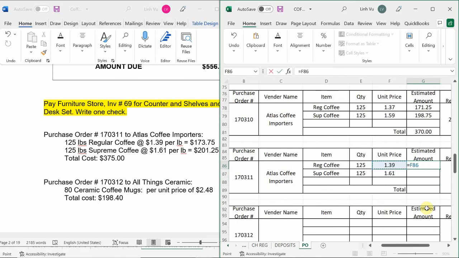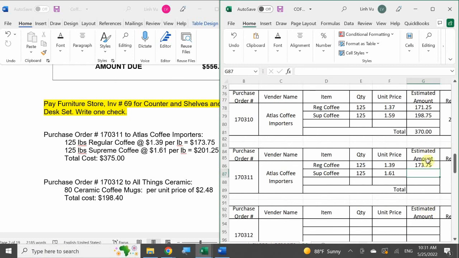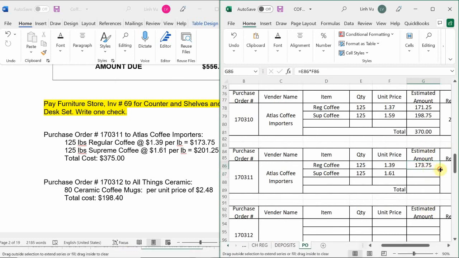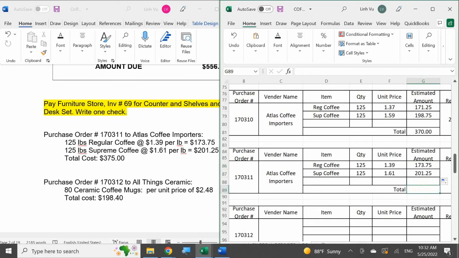So it's gonna cost me $173.75, and my supreme coffee is gonna cost me $201.25, giving me a grand total of $375.